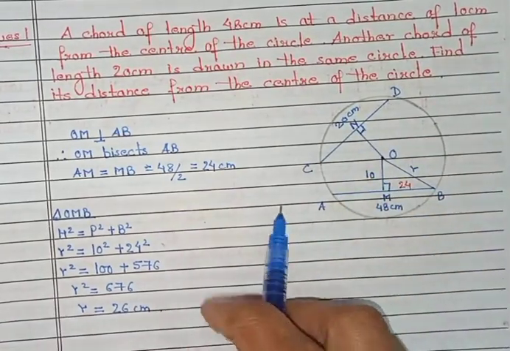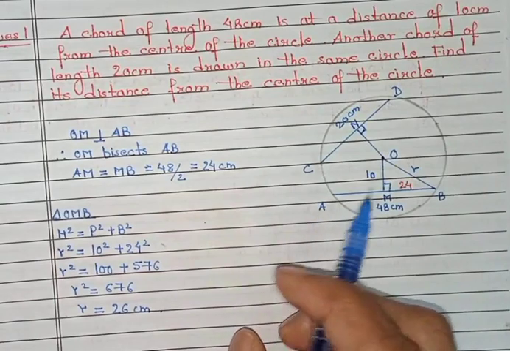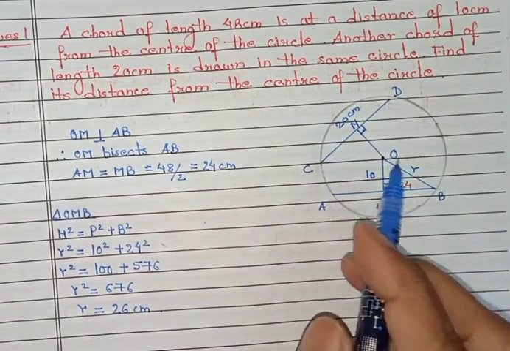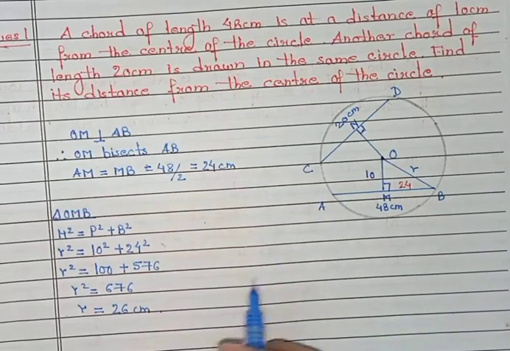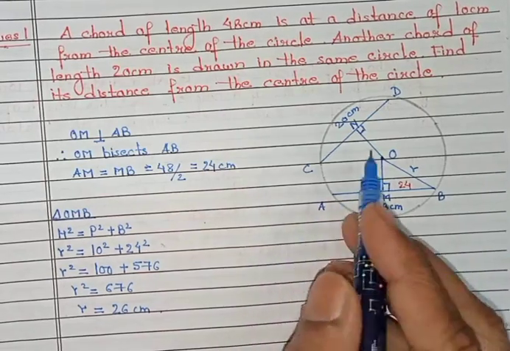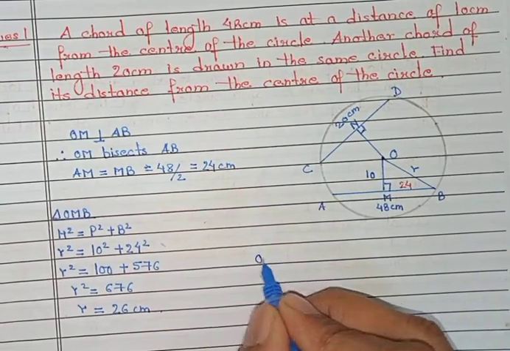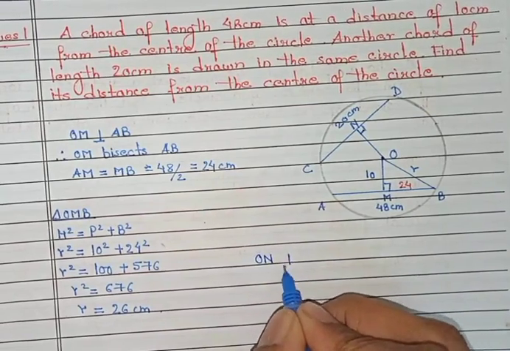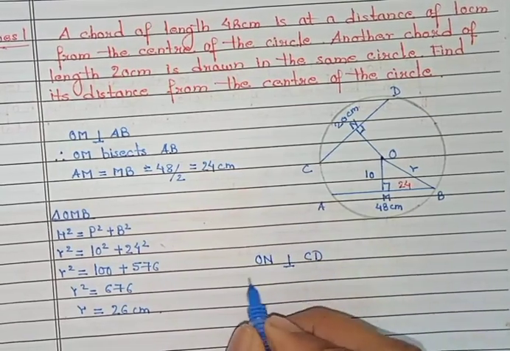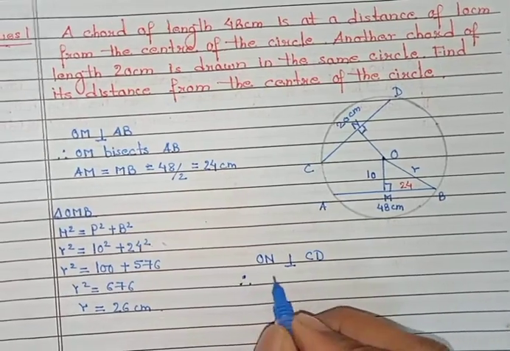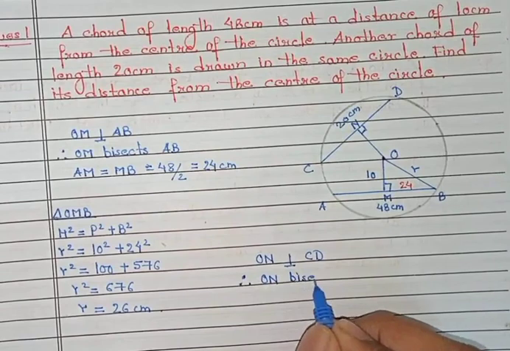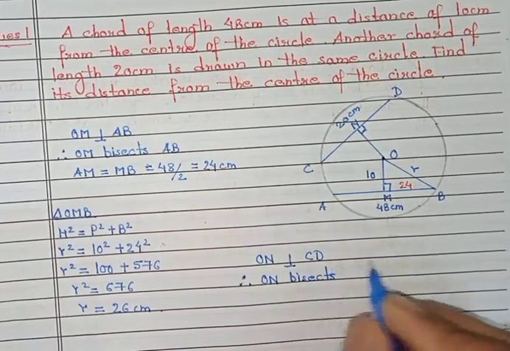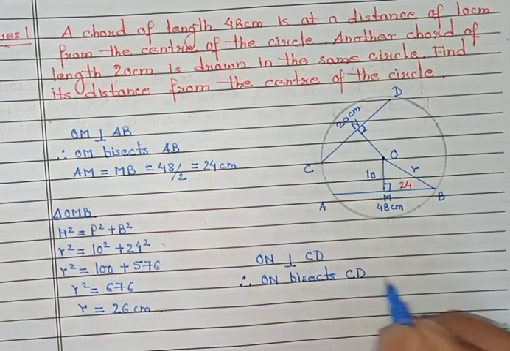Now remember, whenever a perpendicular is dropped on a chord from the center, it always bisects the chord. That is the theorem. So here you can see ON is perpendicular on chord CD. Therefore, ON bisects CD.